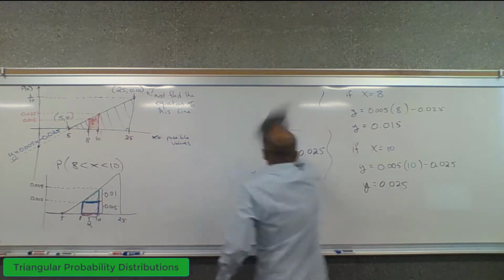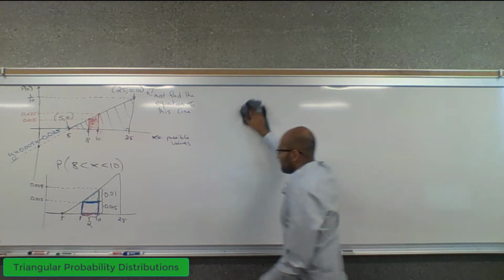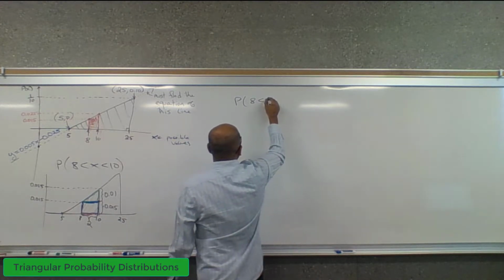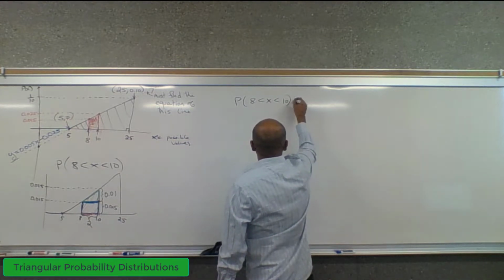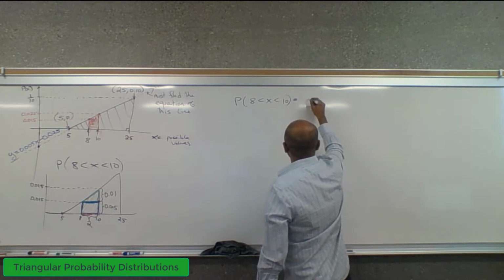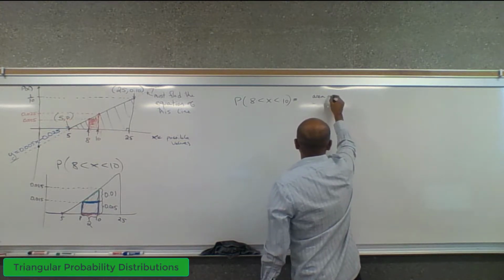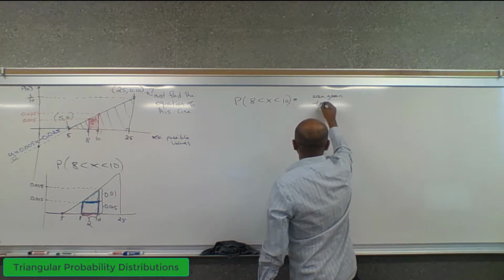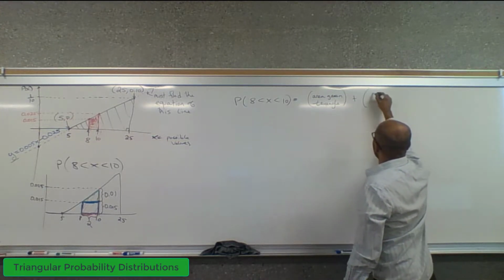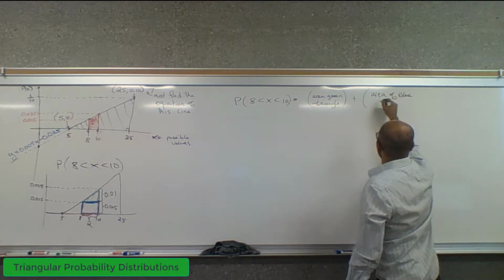So let's put it together. Finally, the probability that x is greater than 8 but less than 10 is going to be equal to the area of that red region, which is going to be equal to the area of the green triangle plus the area of the blue rectangle.